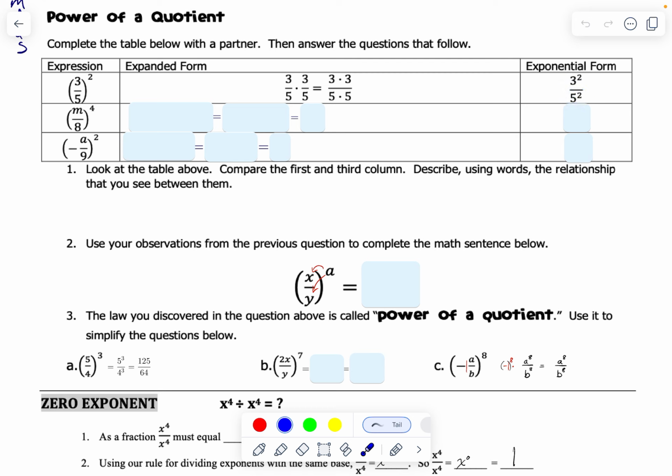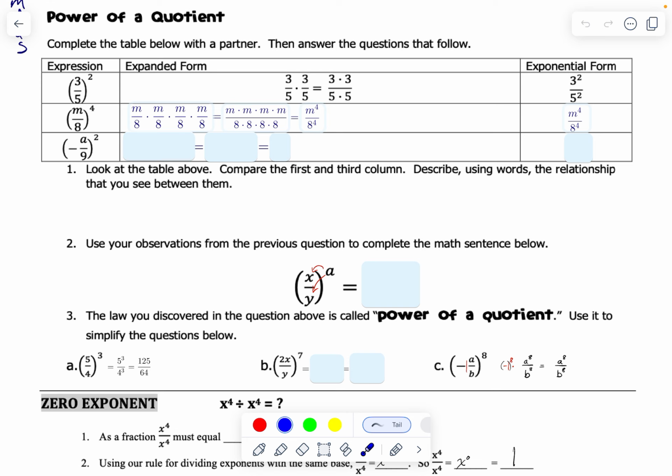If I try that again, where I mix variables and numbers, we'd see m over 8 to the 4th would be m over 8 times m over 8 times m over 8 times m over 8. Well, that's the same as m to the 4th over 8 to the 4th. So there's my answer.